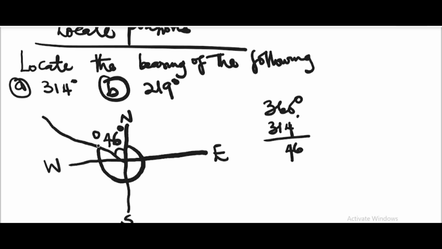I've located this position. So for the 219, I will check which quadrant 219 falls into. Not first, not second, then it should be third. So this is it. It means that the whole of this is 219. But if I write 219, it will look messy, so I prefer to write the acute angle.